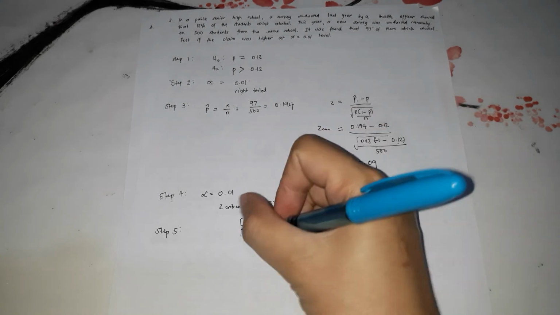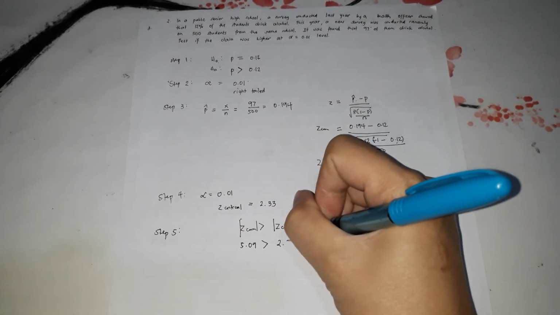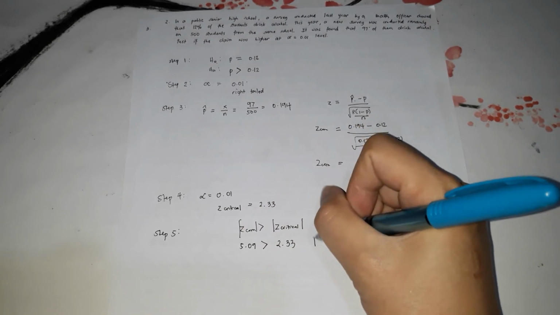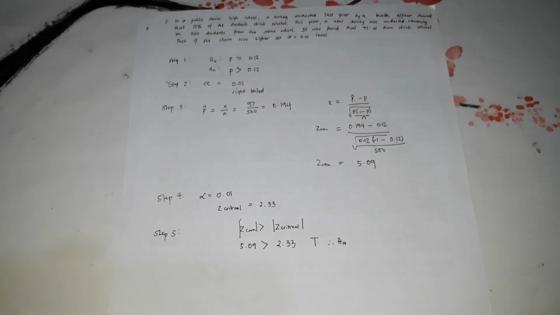So z computed is 5.09, should be greater than 2.33. Positive, true or false? It's true. Because it's true, therefore our hypothesis is HA.